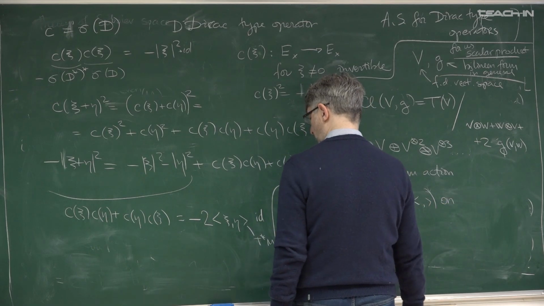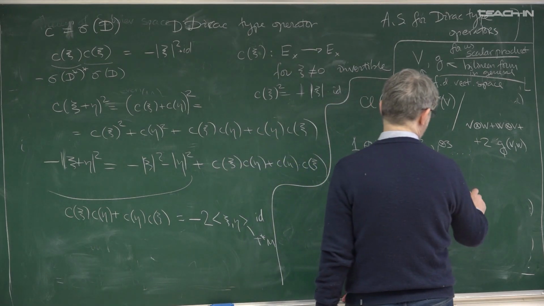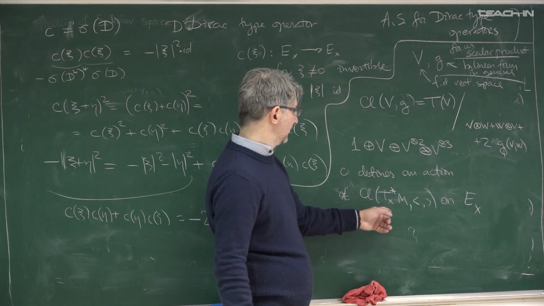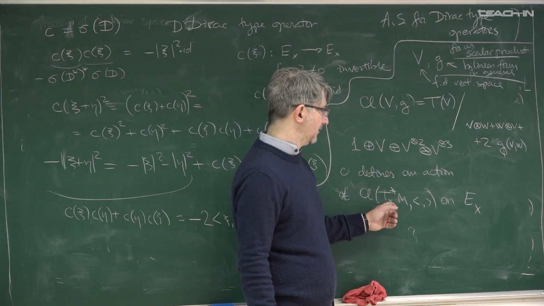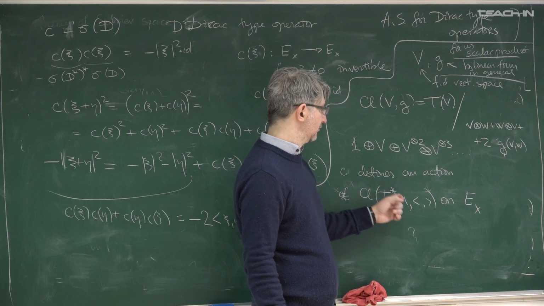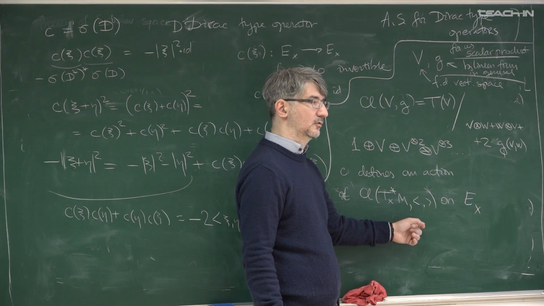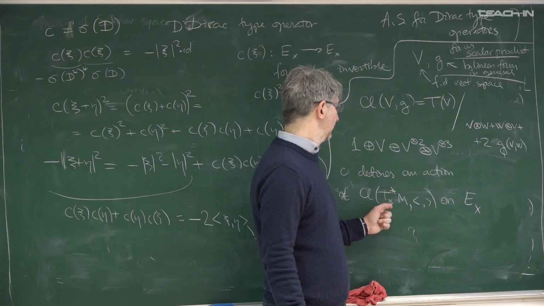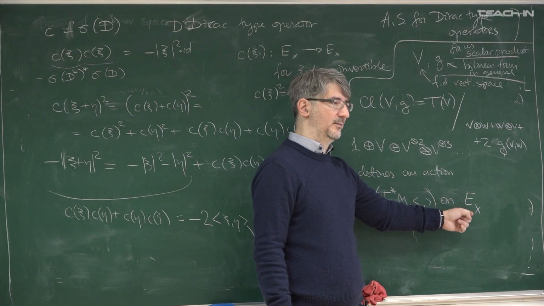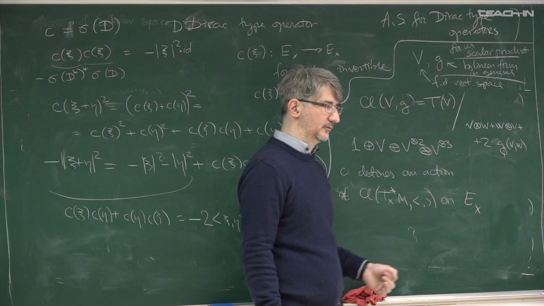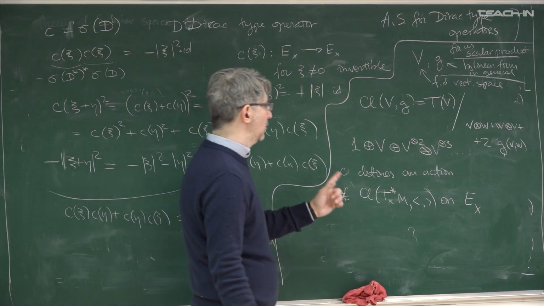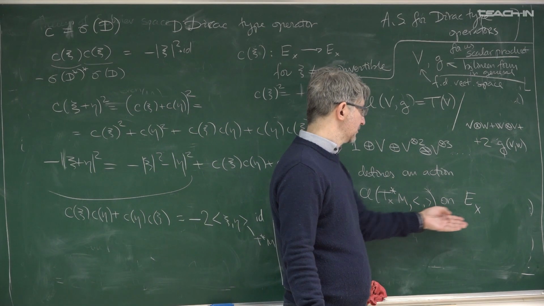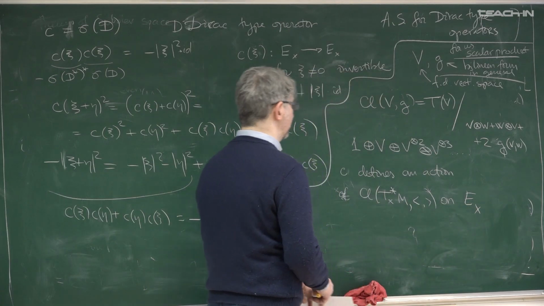Where does it act? It acts on fibers of our section over point X. So this is a Clifford algebra defined by a very simple thing. It's a finite dimensional vector space and a non-degenerate scalar product. No problem. There is a full description of such objects. But this Clifford algebra acts on the fibers of our vector bundles. So we need to understand what are possible actions of Clifford algebras on finite dimensional vector spaces.